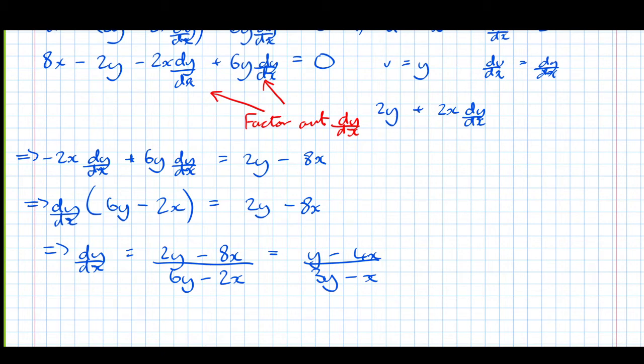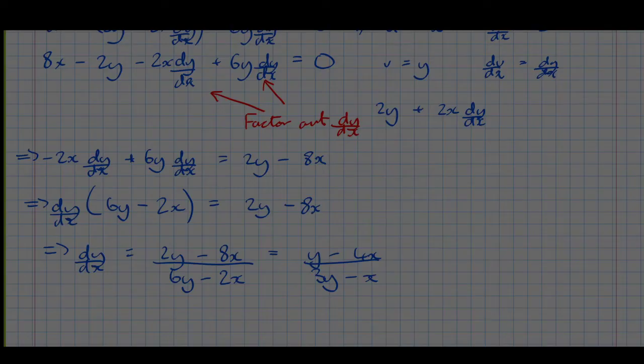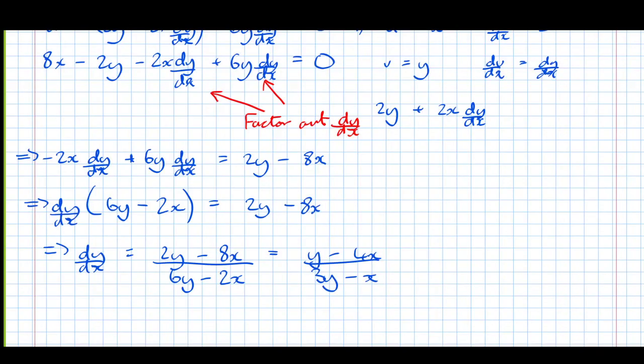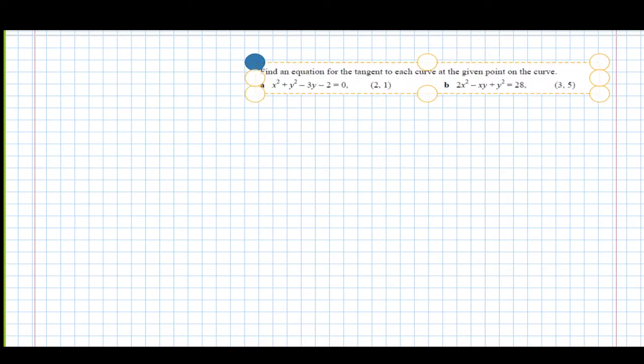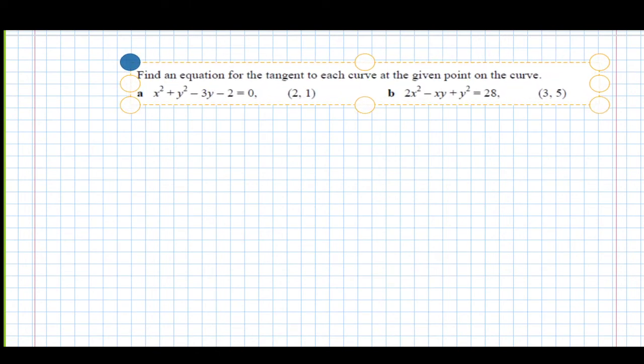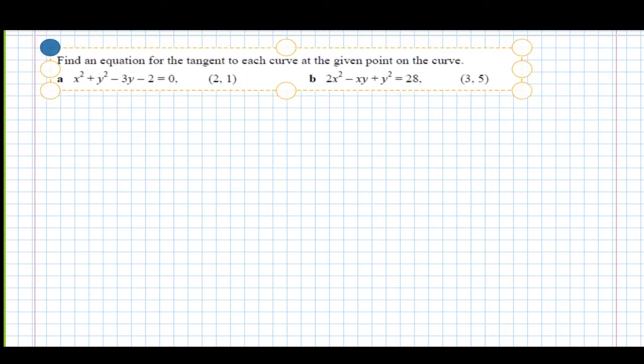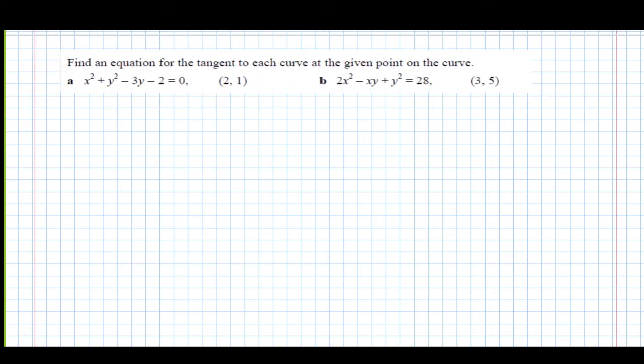So let's do another example, this time involving the equations of tangents. So remember, we need both x and y values to make this work. So, example here, we'll just look at part A. No, actually, take it back, let's look at part B instead.